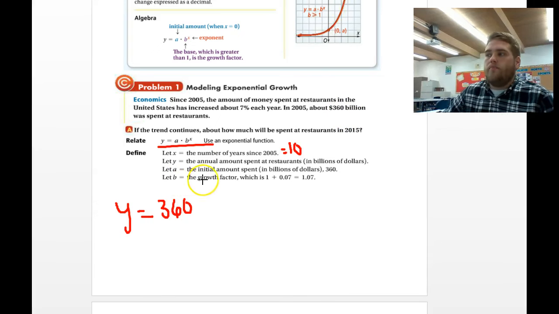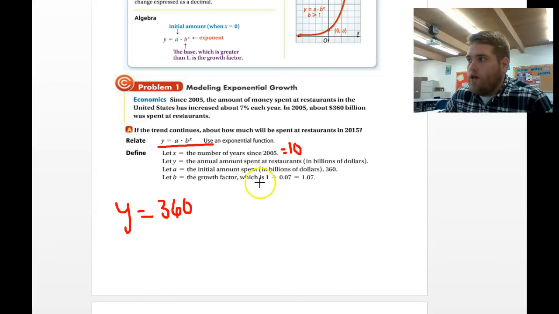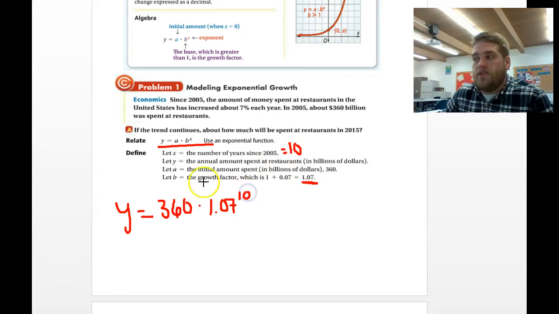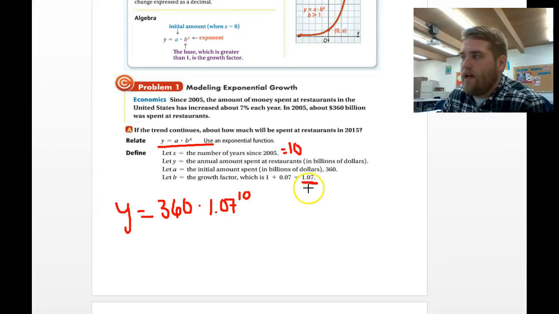Let b be the growth factor, which is 1.07, because it tells us that right there. And x is 10.